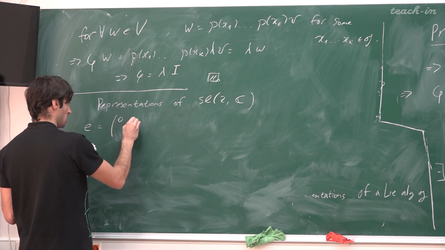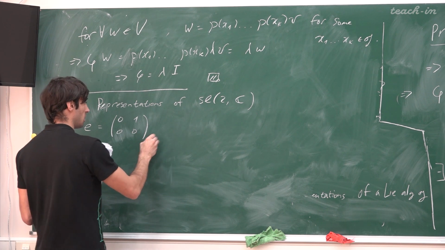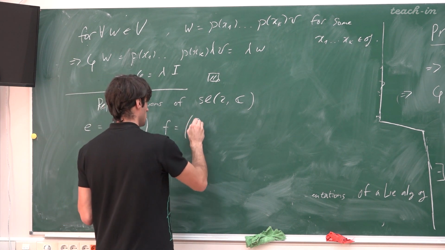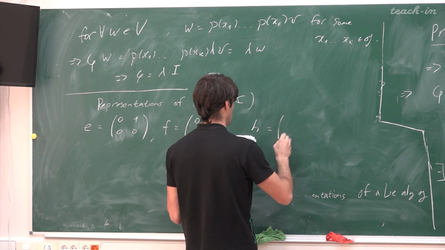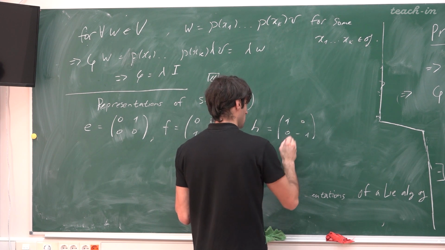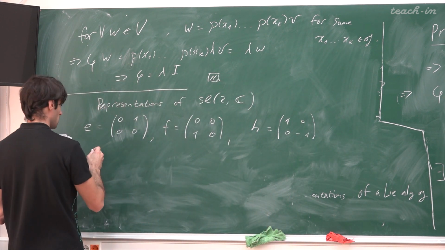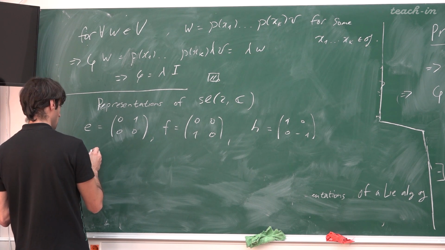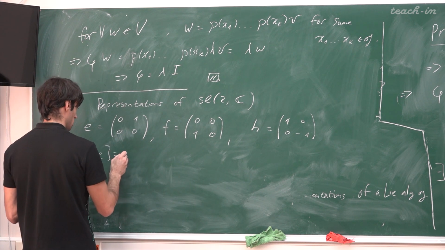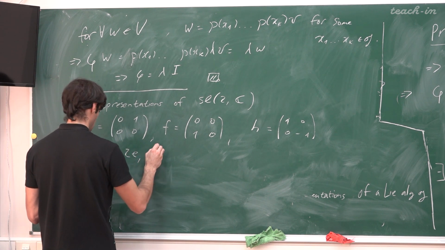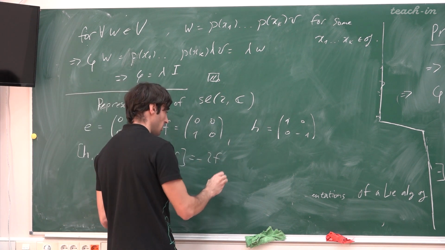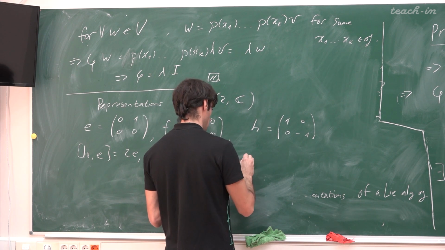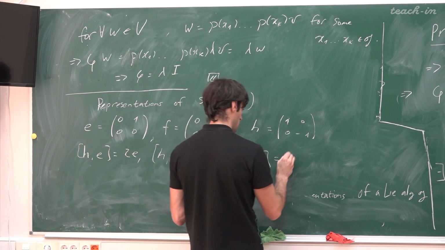E is this, F is this, and H is this. And you have relations between them. So the bracket of H and E is 2E. The bracket of H and F is negative 2F. And the bracket of E and F is H.